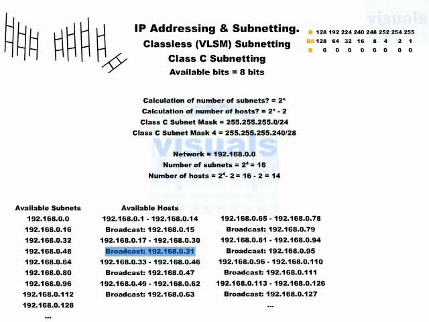The next network is 192.168.0.32. For this network, valid addresses are from .33 to .46. Broadcast address is .47. The next network for this scenario is .48. Valid addresses range from 49 to 62. These are 14 addresses, and broadcast address is .63.